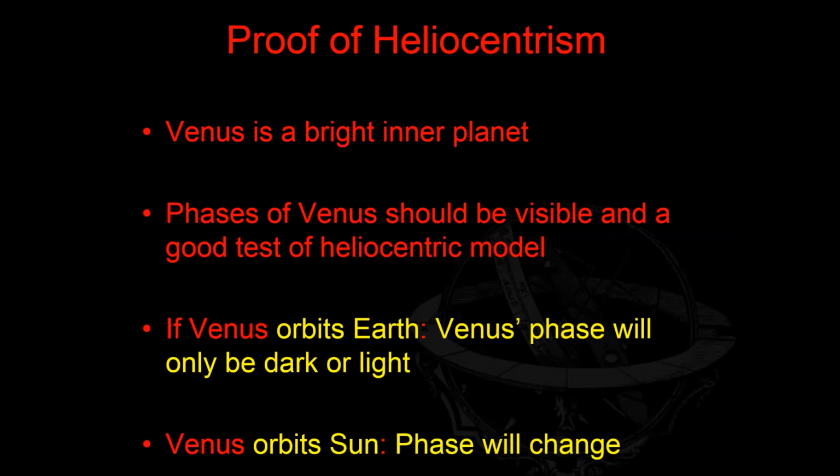That means that Venus should show phases very similar to that of the moon. Sometimes you'll see a half moon or a full moon or a very sliver crescent moon, and we should see the same effect with Venus. So if the heliocentric model is true, as Venus orbits the sun, its phase should change.